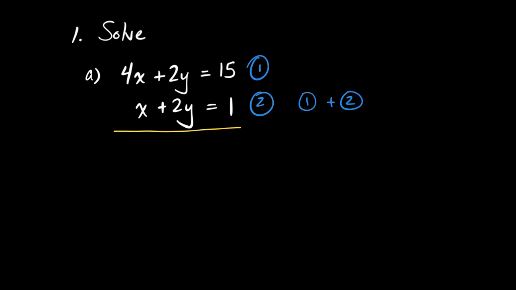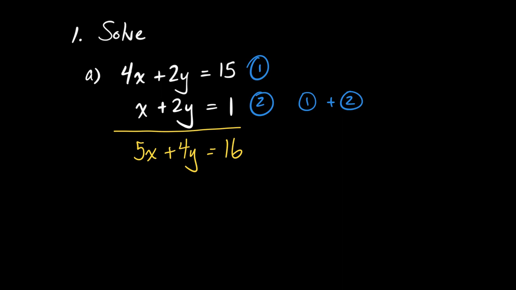I'm going to take my 4x and add it to my 1x. That's going to give me a 5x. I'm then going to add a positive 2y plus another 2y. That is going to give me a positive 4y. And then on the right side, I'm going to have a 15 added to 1. There is a 16. What I just built in gold there is a true statement, that 5x plus 4y must equal 16.